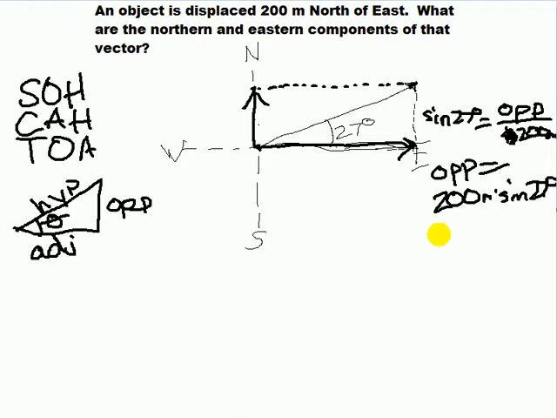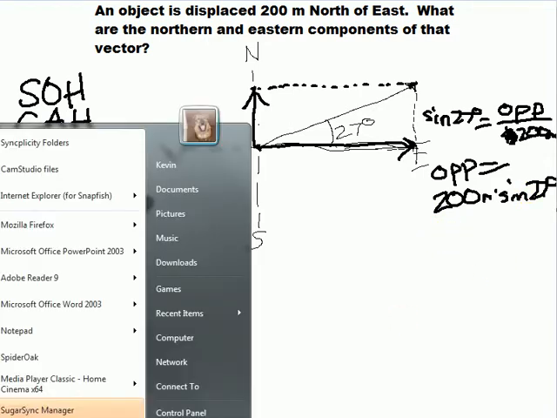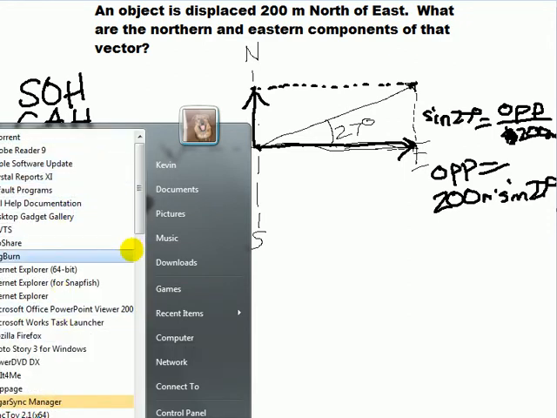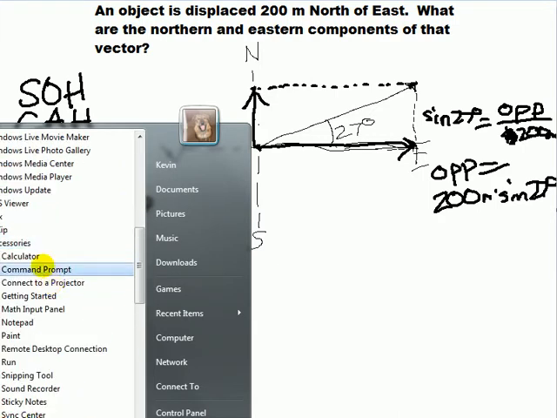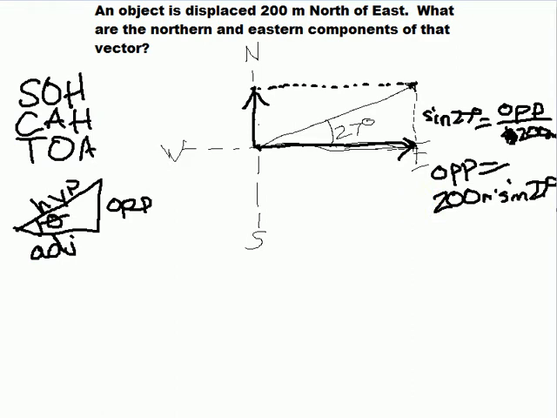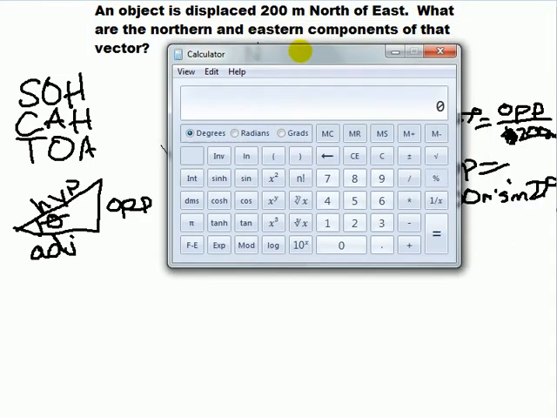And if we do that all out, I need to do the calculations. Let's pull up our calculator. Go with the scientific one, and I'll pull my calculator over here.